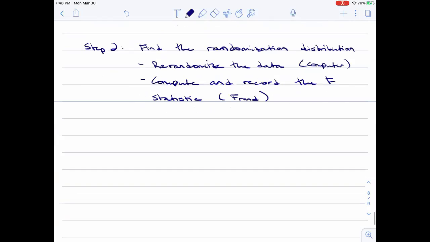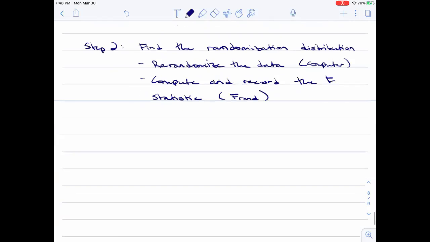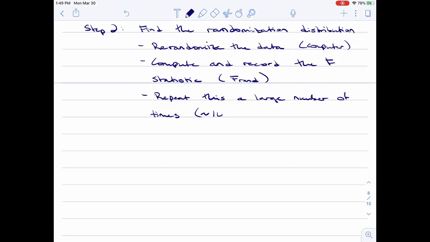So that's one time. Then you're going to re-randomize the data again, and repeat this a large number of times. Usually about 10,000 should be enough.